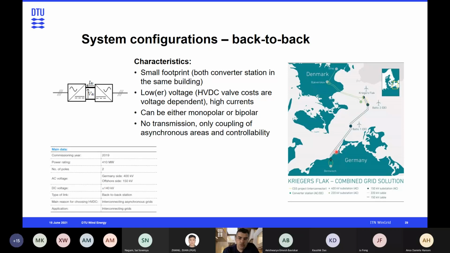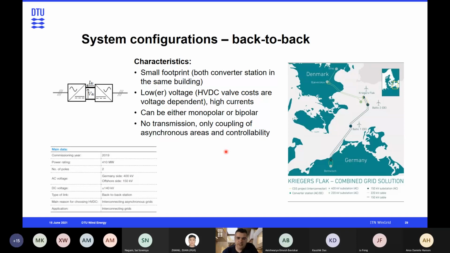And the solution chosen in this case is to use a back-to-back converter onshore here, which is simply having a DC link to break the frequency coupling between the two asynchronous areas.